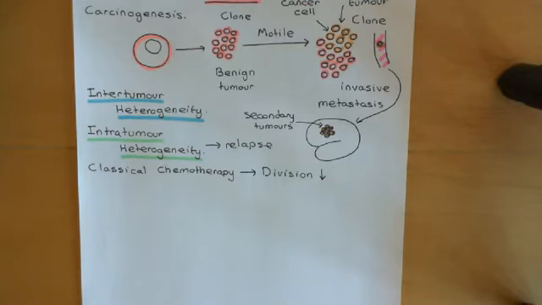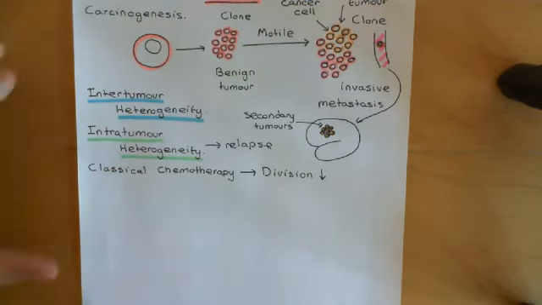Now, one of the big questions with classical chemotherapy is, why do some people respond so well to classical chemotherapy, and why do other people not respond so well? So basically, we have loads of people, let's say, with breast cancer, and we give them all the same treatment.